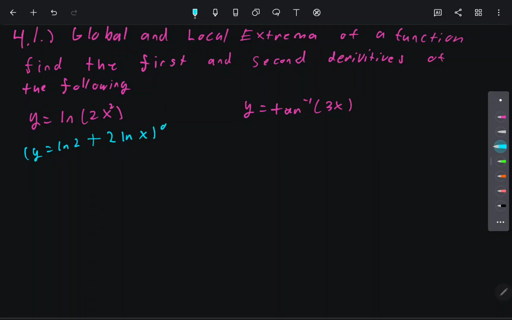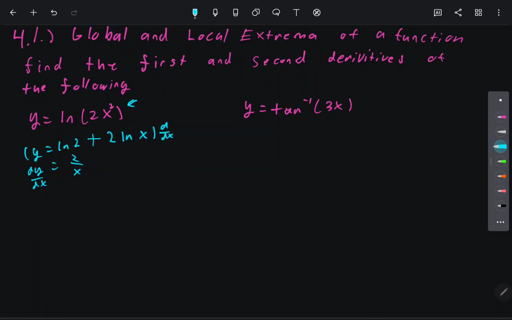Now taking the derivative of this is a bit easier to compute. All we get is 2 over x as our answer for dy/dx.